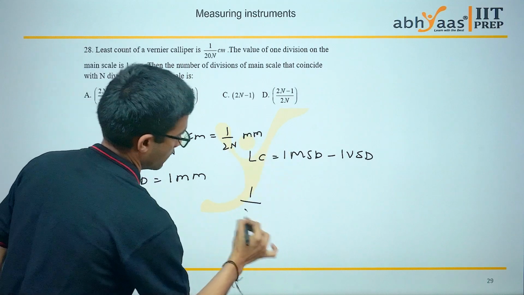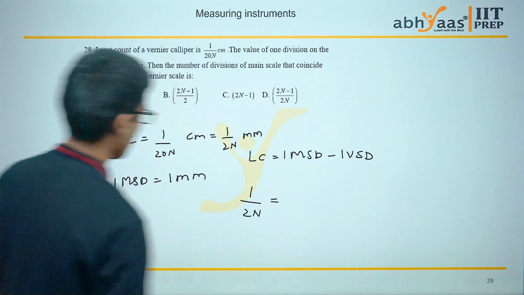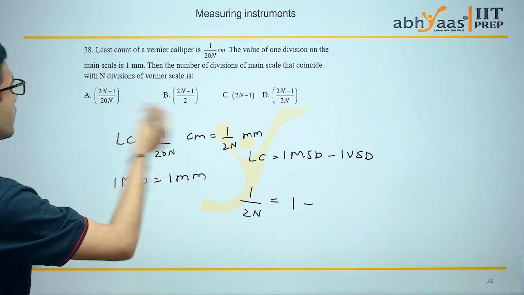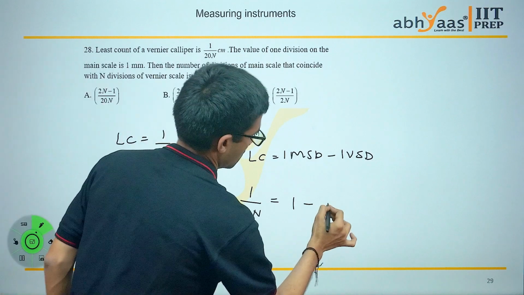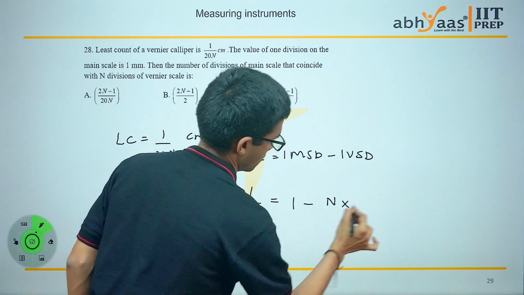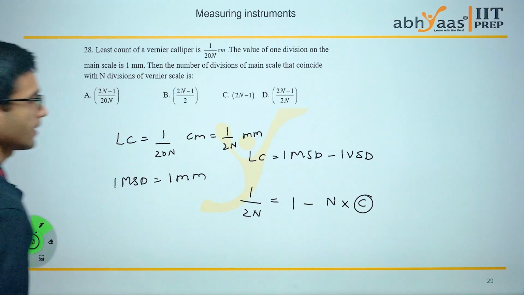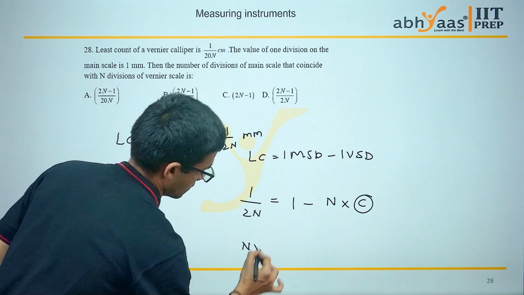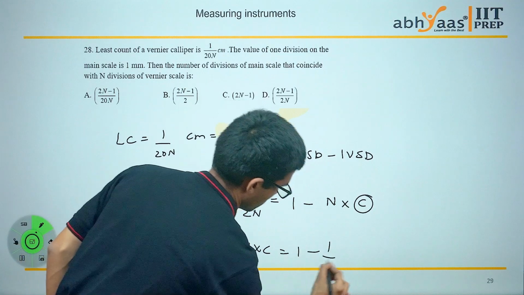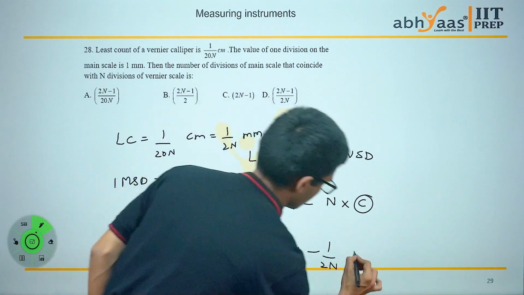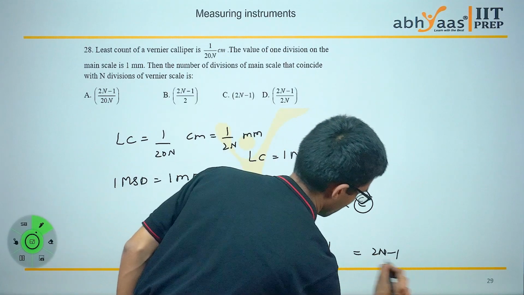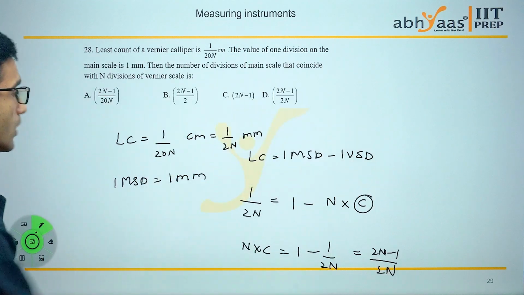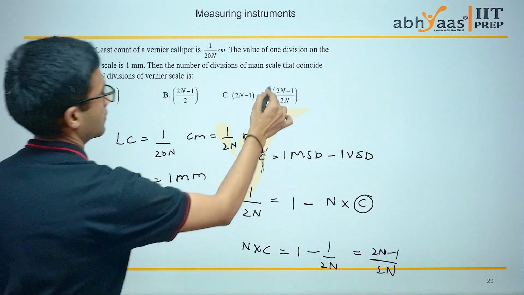So you can write 1 by 2n is equal to 1 MSD, which is 1, minus the number of divisions that coincide with n divisions, n into coinciding. n into c is equal to 1 minus 1 by 2n, that is 2n minus 1 by 2n. So coinciding will be 2n minus 1 by 2n. So this is the answer.